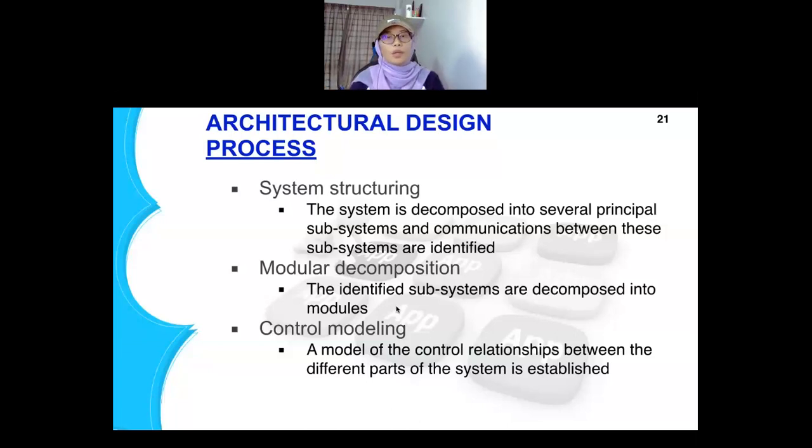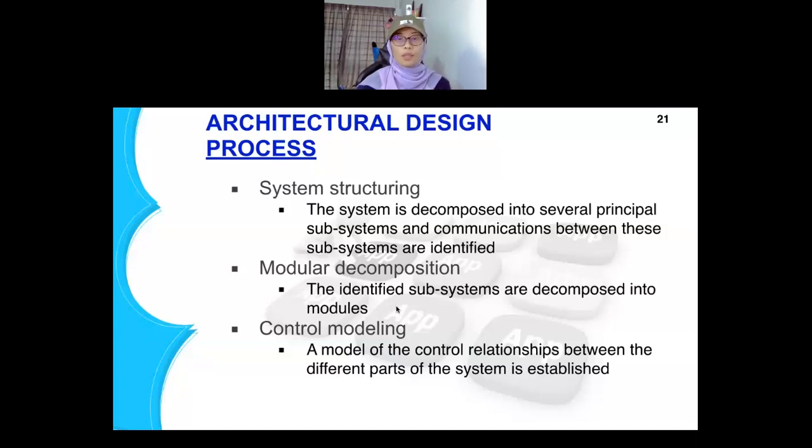Control modeling: a model of the control relationship between the different parts of the system is established. This one, control modeling, how do I give an example? You control. This is where you have already identified the actors and also the use cases.